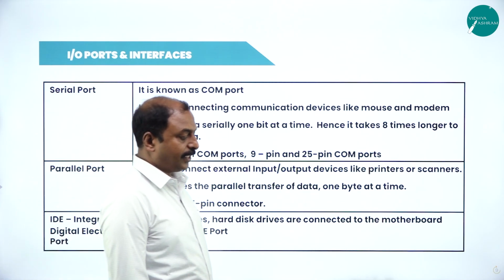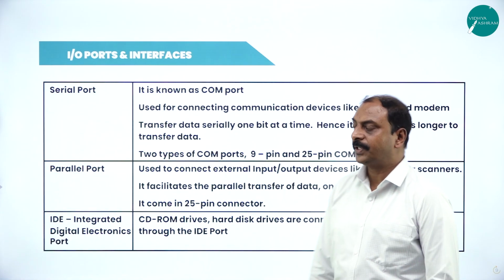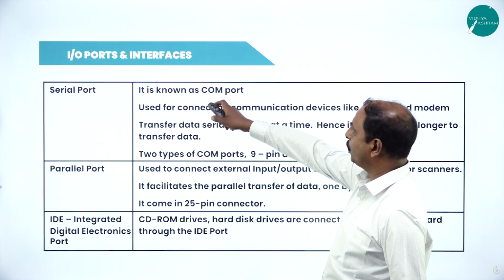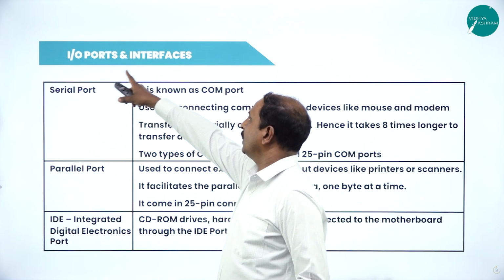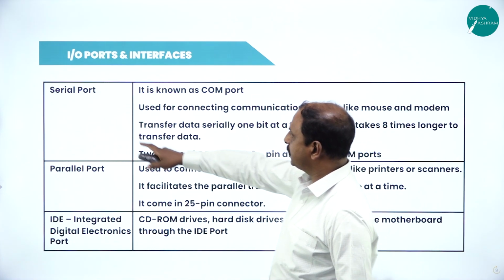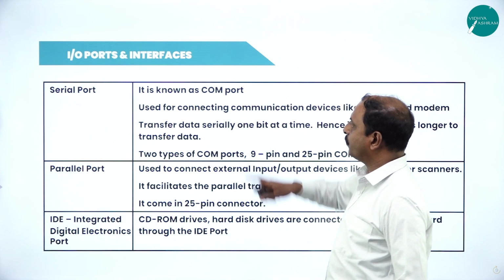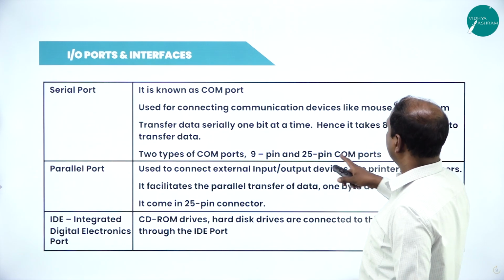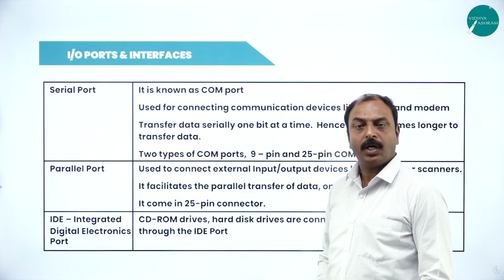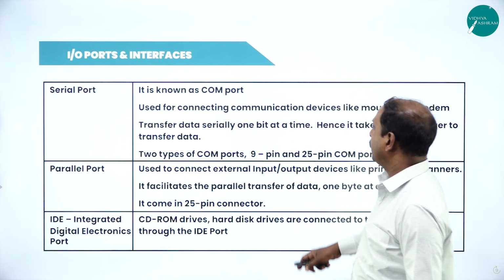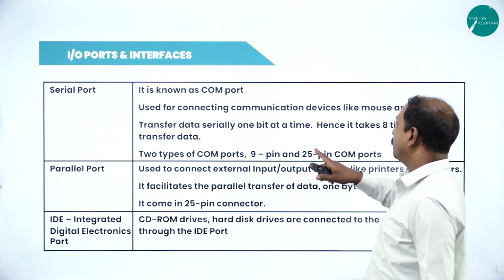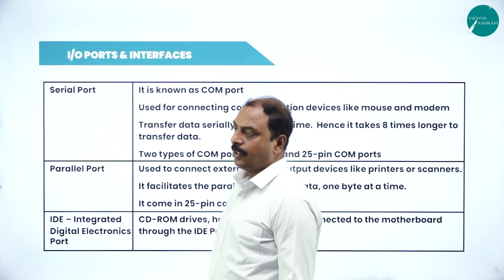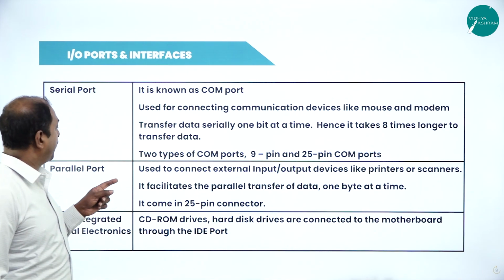Now we can see the definitions and specifications of different ports available on the I/O card. First is the serial port, known as the COM port, which we use for connecting modems as well as keyboard or mouse, and it is a 9-pin or 25-pin connector. Next one is the parallel port.